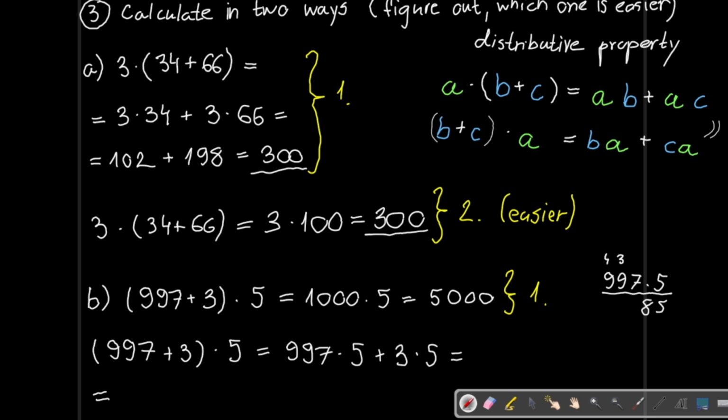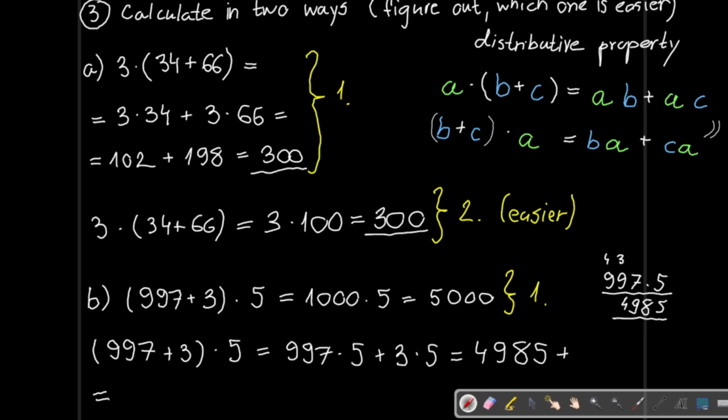Again. 49. That's the answer. We need to do the multiplication first, right here. Then the addition. So that's 4, 9, 8. Oops, that's actually 8, 5.